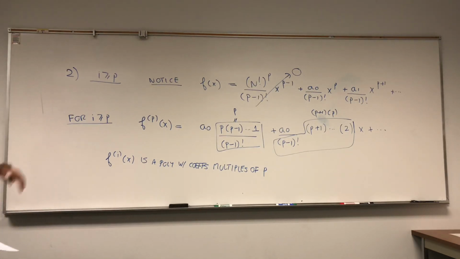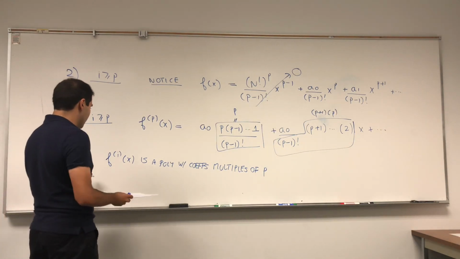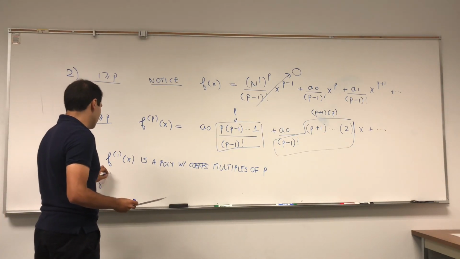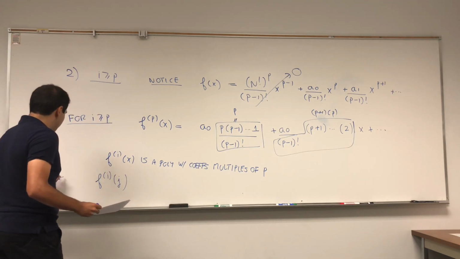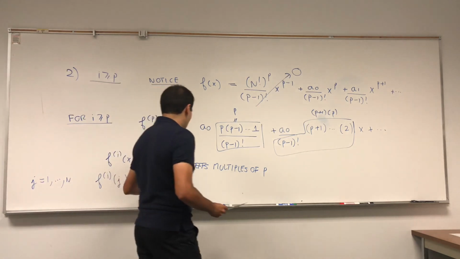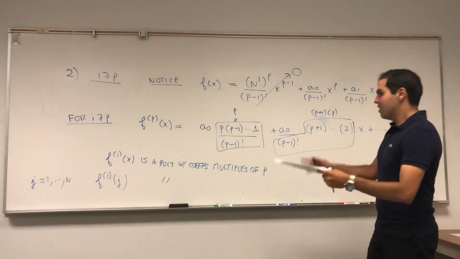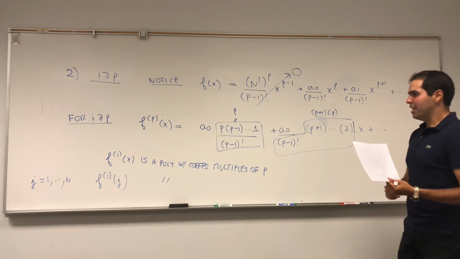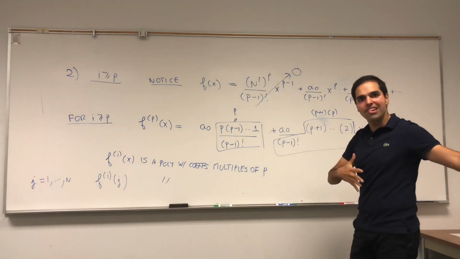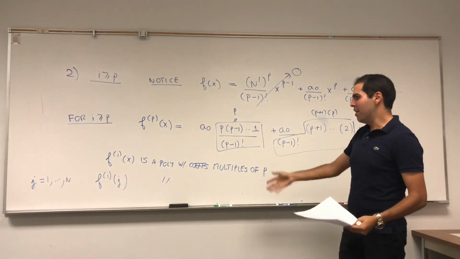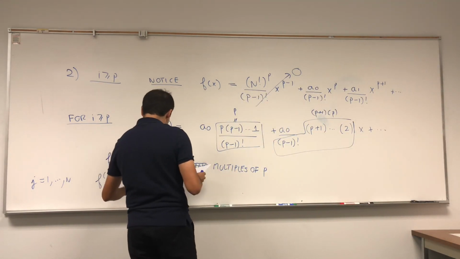The ith derivative of f is a polynomial with coefficients that are multiples of p. And so in particular, if you plug in integers, f^(i) of j, for j from 1 up to n, it's a polynomial with coefficients that are multiples of p. And the nice thing is, if you then just add them together, you have either terms that are 0 or terms that are multiples of p. So f^(i) of j is a multiple of p.